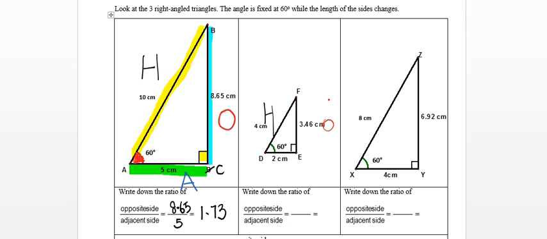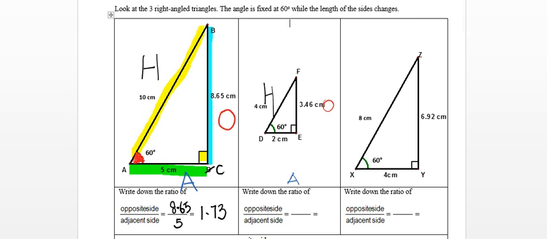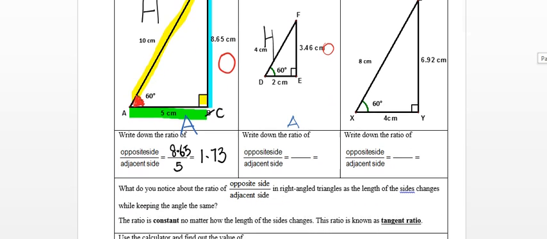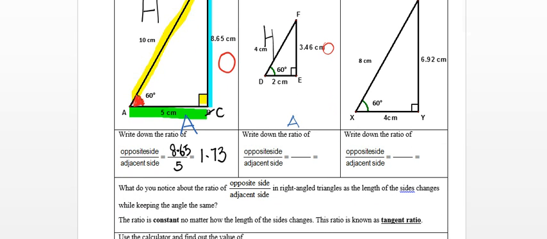And last but not least, we will have the side DE to be the adjacent. What is the value of the ratio of the opposite side to the adjacent? Using these values, we will have 3.46 over 2, and by calculation, we'll get the value to be 1.73.